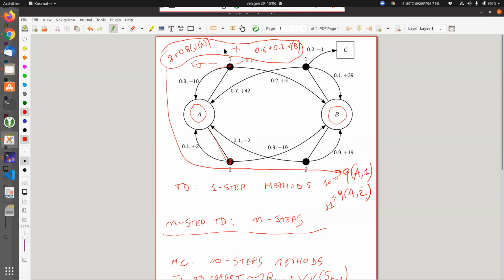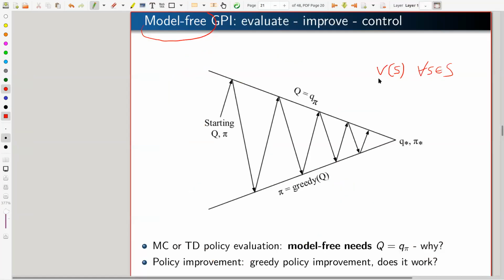In this computation, you see, I have the model. I have the probabilities of the environment. So what I'm saying is that the value of the states is useless in the model-free case to compute the Q value of the action.